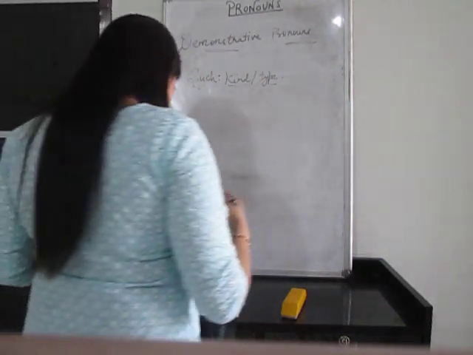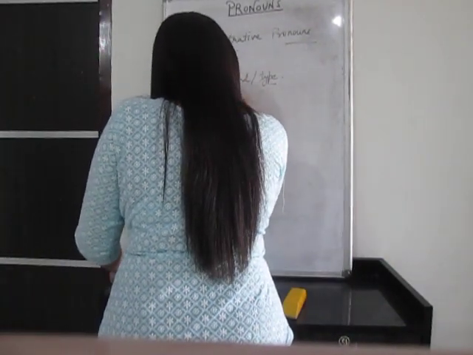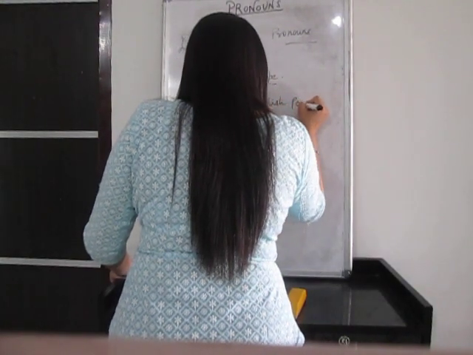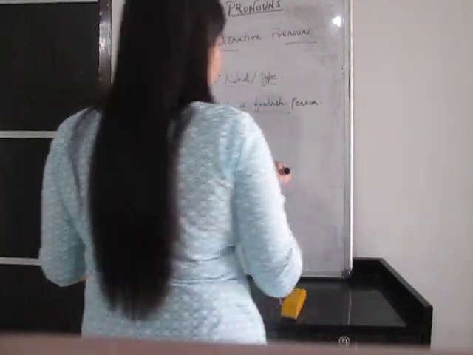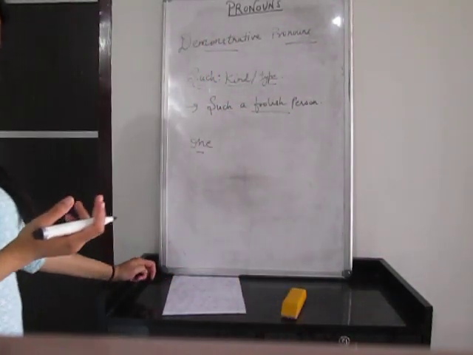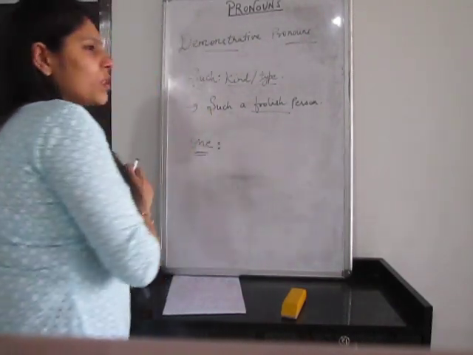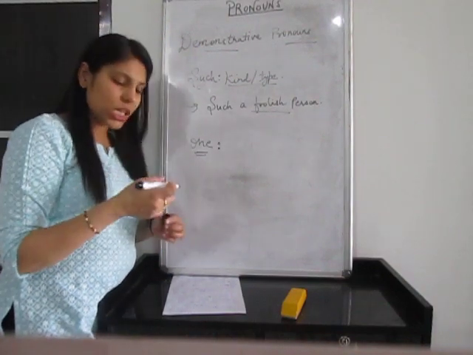For example, if I say such a foolish person, we are talking about the type of that person. As for one, there is no exact definition of it, dear students, but we can use it in Hindi as wala and wali.